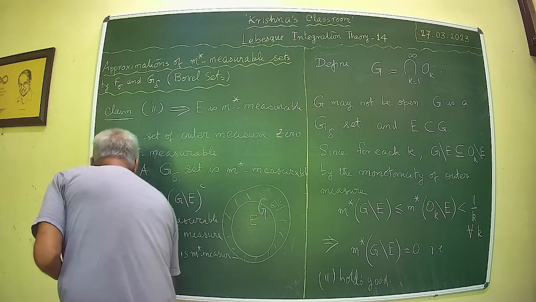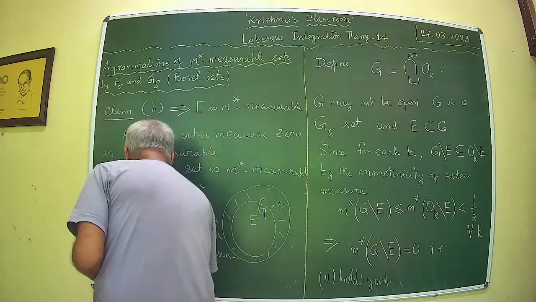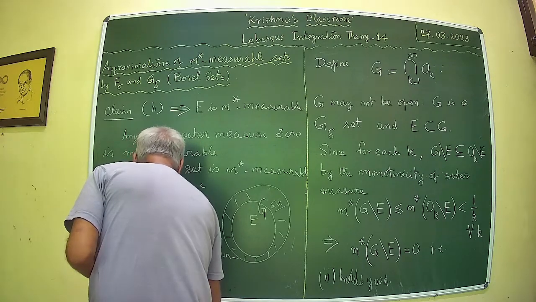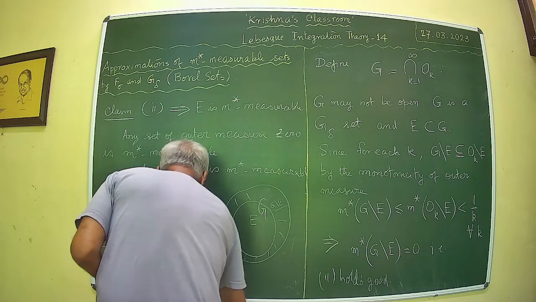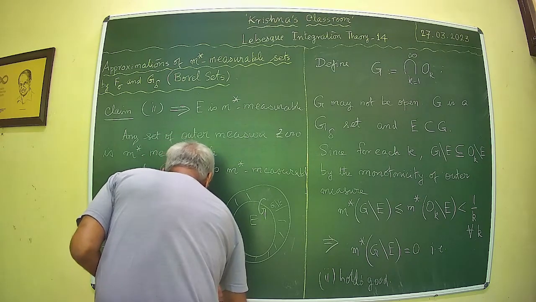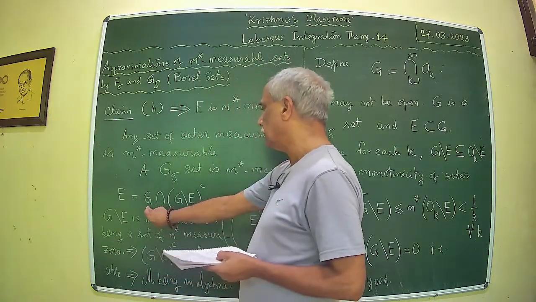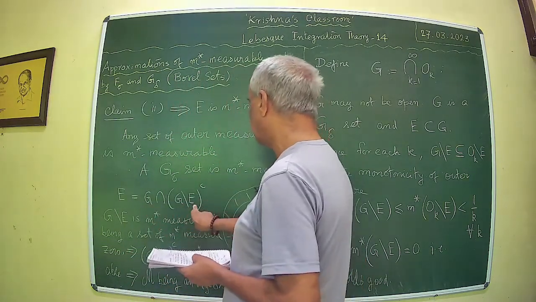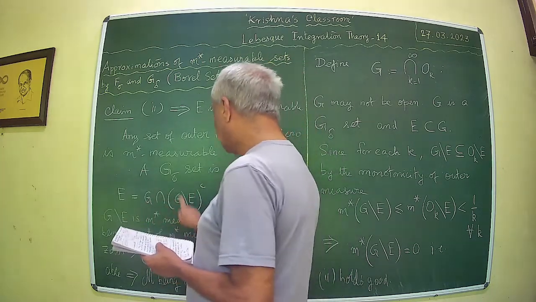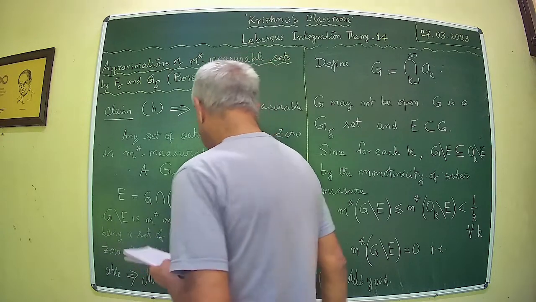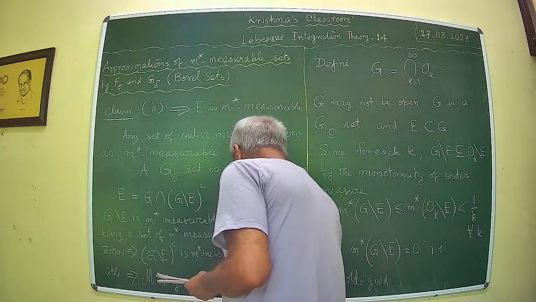Which implies, see, M being an algebra, G is M star measurable, the complement of G slash E is M star measurable, therefore their intersection is M star measurable.